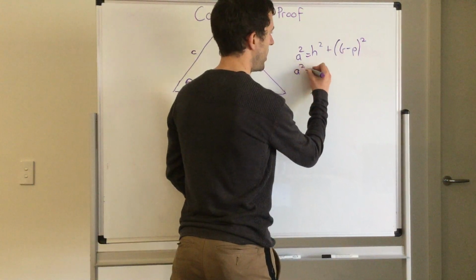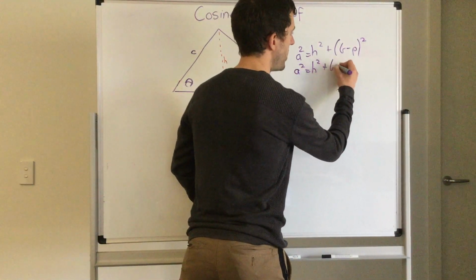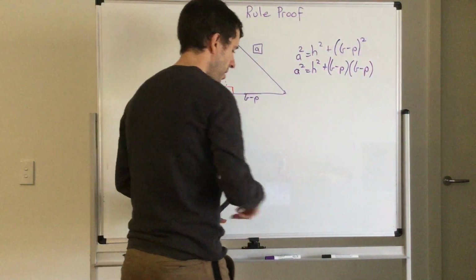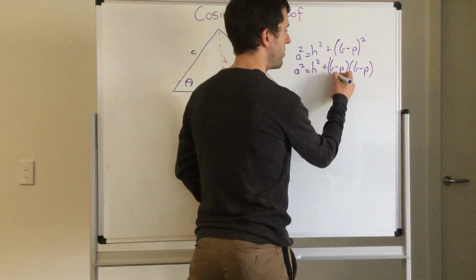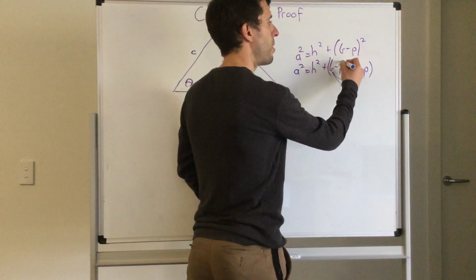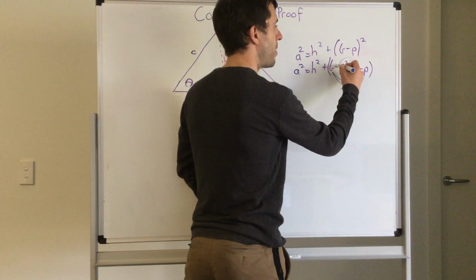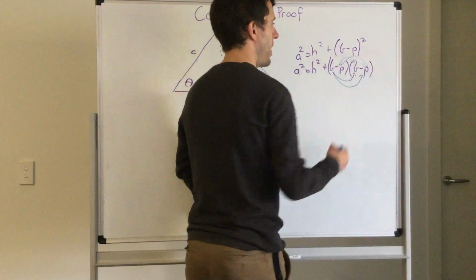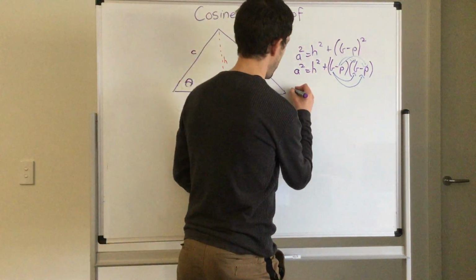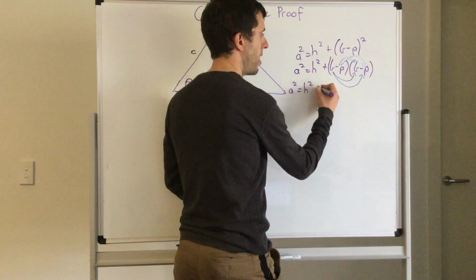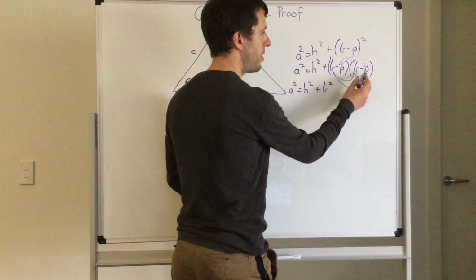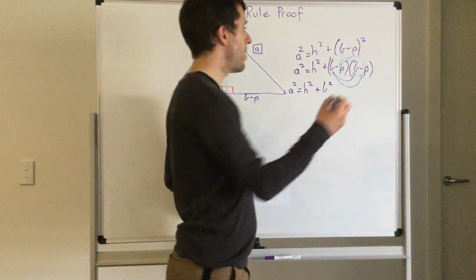So A squared equals H squared plus B take P, B take P. That just means B is timesing by the B and B is timesing by negative P. Negative P is timesing by B and negative P is also timesing by negative P. So let's expand and have a go. A squared equals H squared plus B times B is B squared. B times negative P is negative BP.